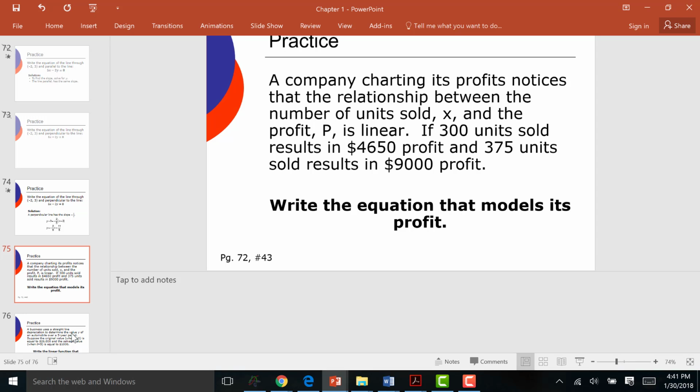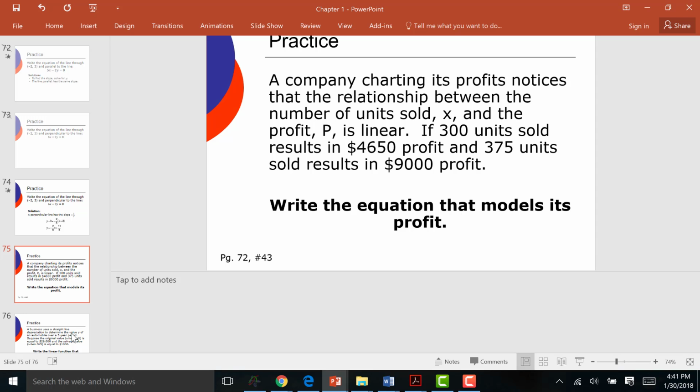So with that said, can you also see these as X and Y? Can we label them like this? Can we call it 300, 4650, and we call this one 375, 9,000? Can you rewrite them like this? Sure. Now they gave me two what? Points. So you got an X1 and a Y1 and an X2 and a Y2.